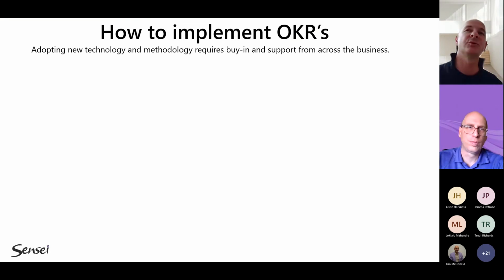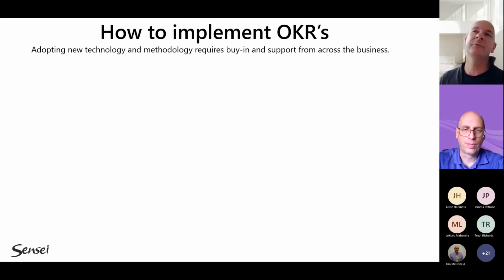So I simply assume that you have some sort of technology involved. And because OKRs are shared across the organization, it makes sense to have tools available that allow you to manage those in the technology. Adopting new technology and methodologies simply requires buy-in and support from the business across the board.